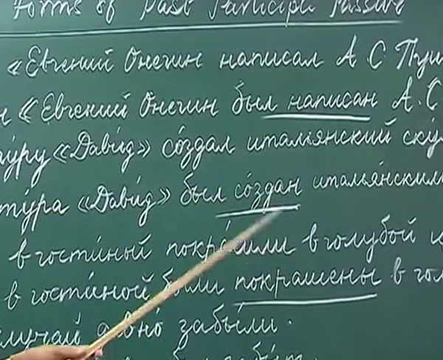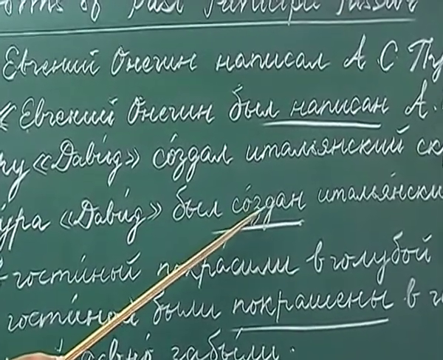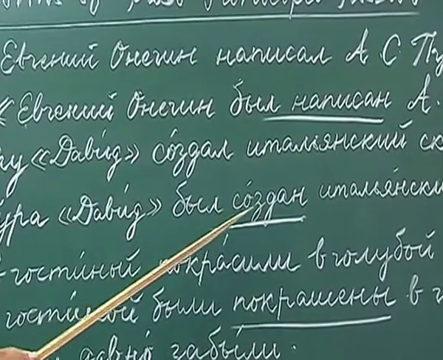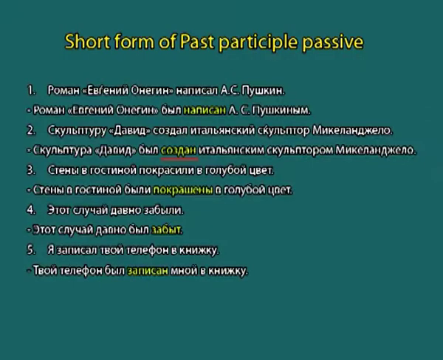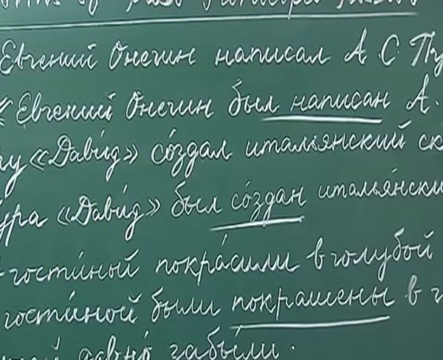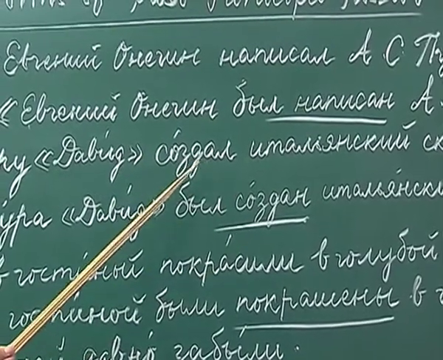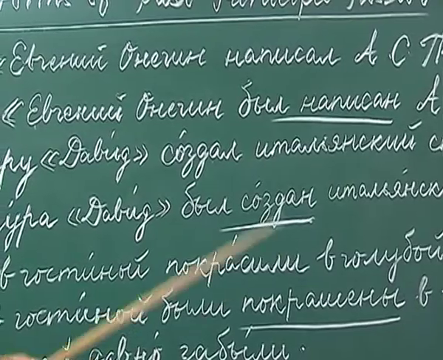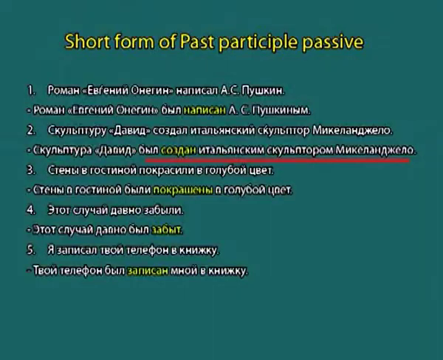Here we are using the short form of the past passive participle of the verb sozdat. What passive participle do we derive from this verb? Sozdanny, and from sozdanny we form the short form sozdan.